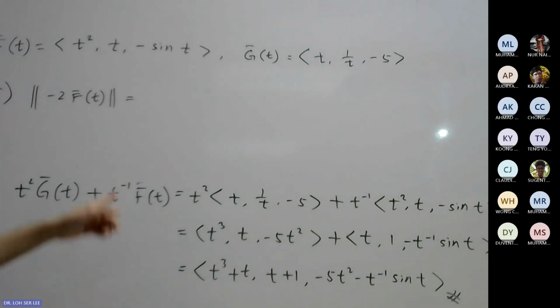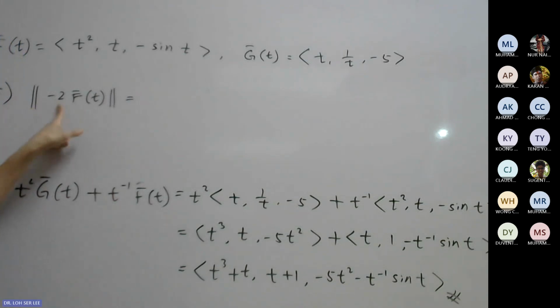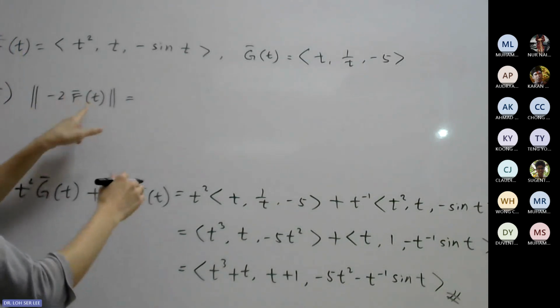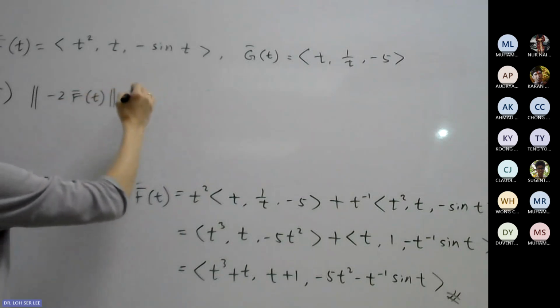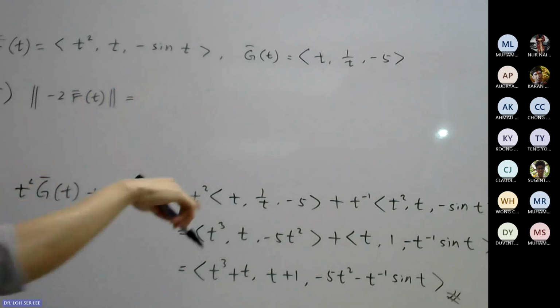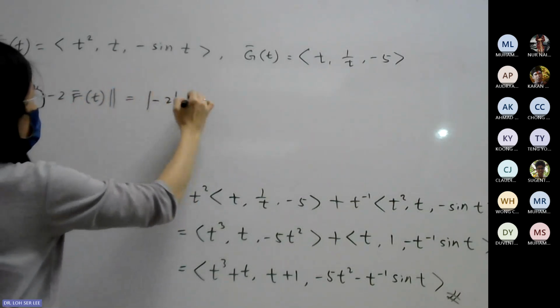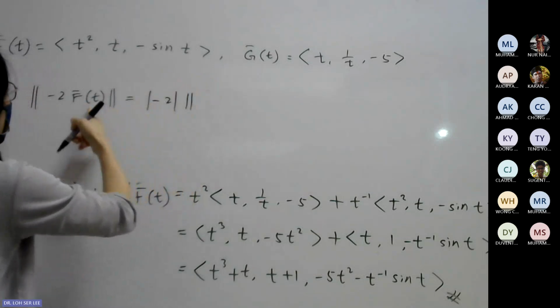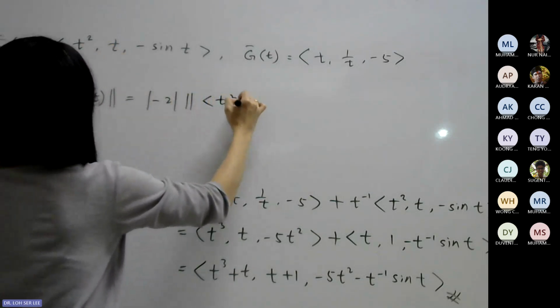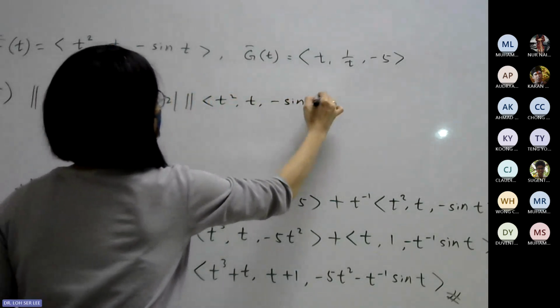Okay, number 5, magnitude of this. This is a scalar multiplying to a vector valued function. So we can use this, and your f(t) is this one, t squared, t, negative sine t.